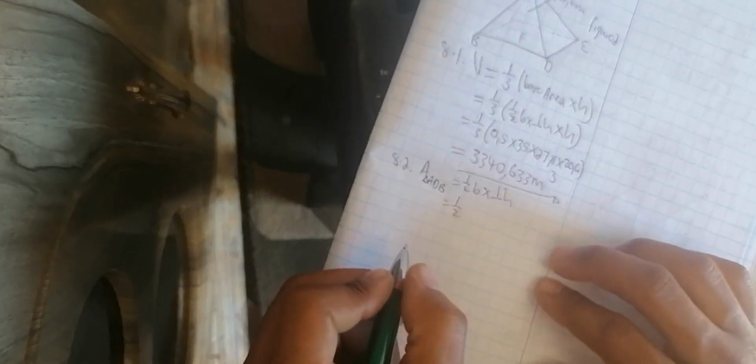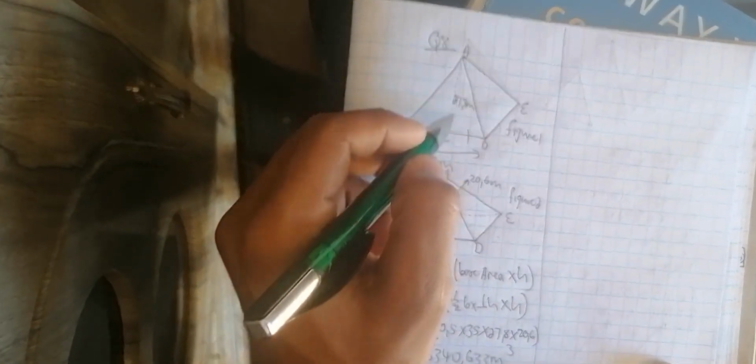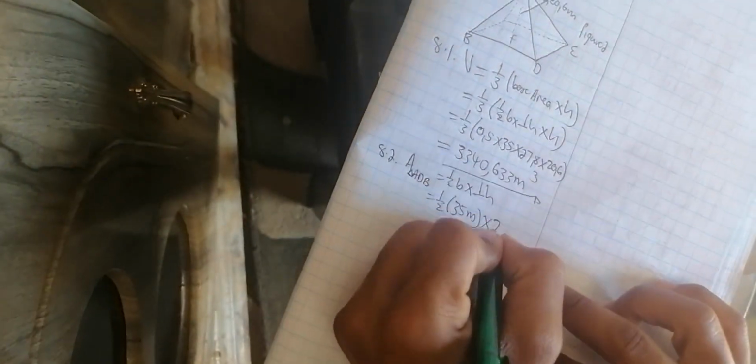That would be the formula. ADB, remember that it is ADB, base, which is 35 meter, times perpendicular height, it's already provided, 27.8 meter.